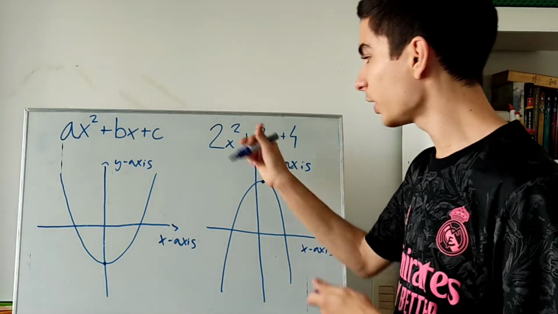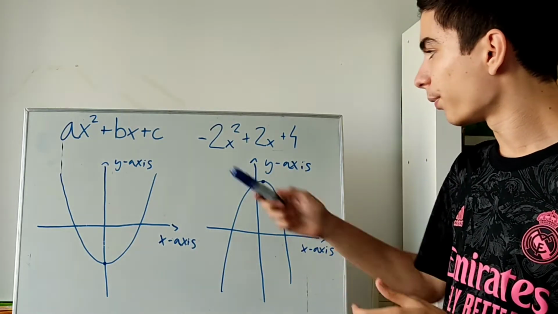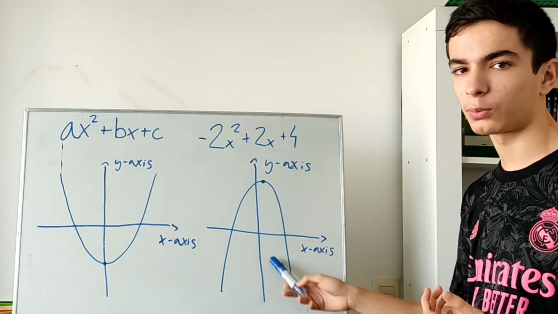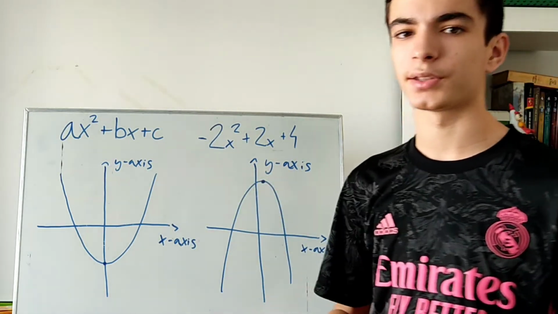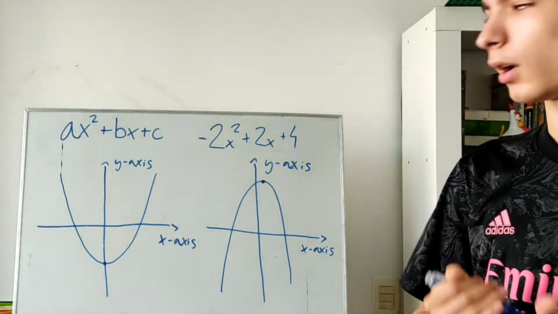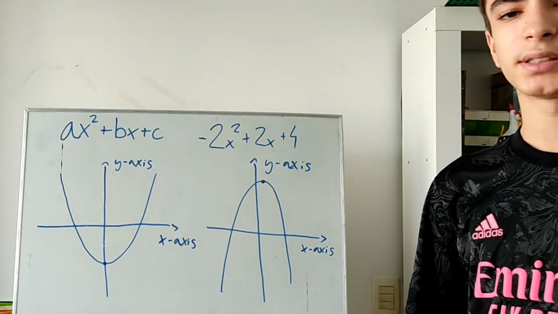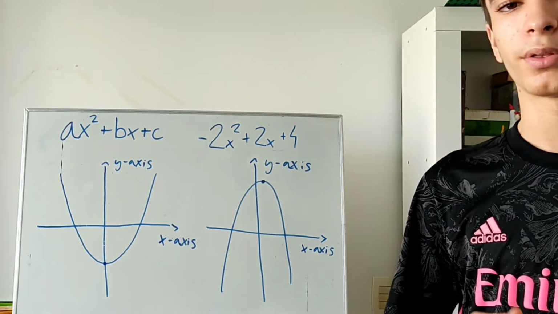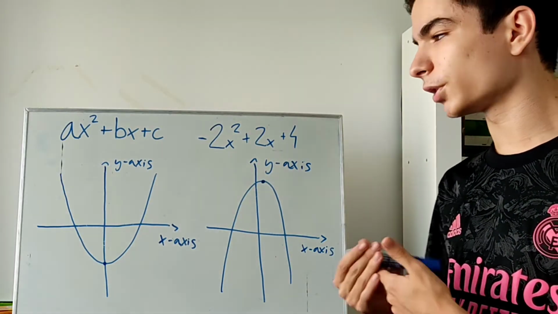However, if we were to change this sign right here, this will make this function have this shape, a parabola facing downwards, because now the leading coefficient of this function is less than 0. So that's a very important thing when you graph a quadratic. Always take a look at the leading coefficient, see if it's greater or less than 0, and you will already know the shape of your parabola, if it faces downwards or if it faces upwards.